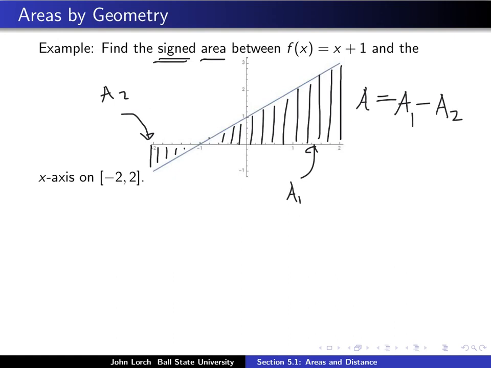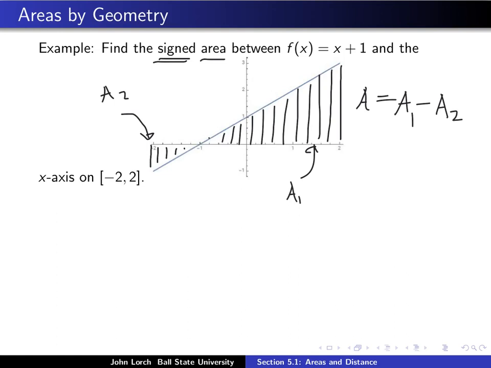Okay, so here, we have some options. We're supposed to compute this signed area. One thing we could do is go back and compute a limit of sums of areas of rectangles. And that would result in sort of a lengthy process, which we saw just in the previous slides.